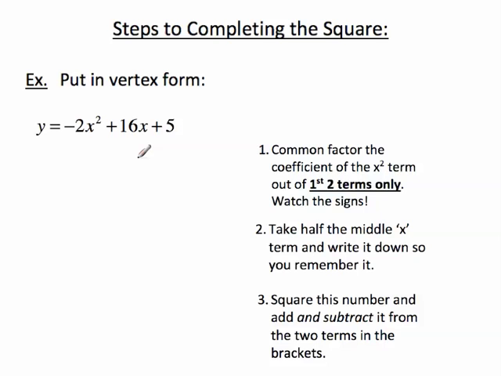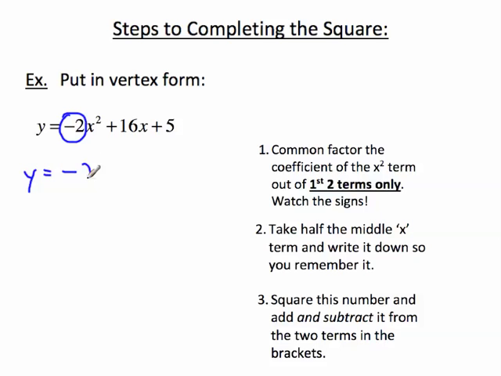Here's our example of a standard form quadratic expression. So the steps here are listed on the right, and I'm going to do them on the left. So first you want to common factor the coefficient of the x squared term out of only the first two terms, and you need to be careful of the signs. So the coefficient in this case of the x squared term is this -2. So we want to factor that out of only the first two terms.